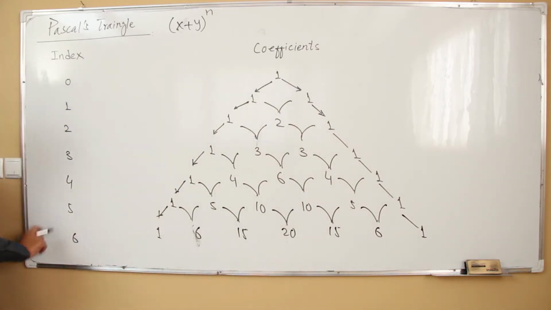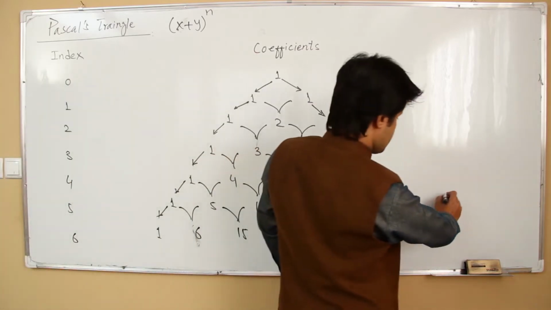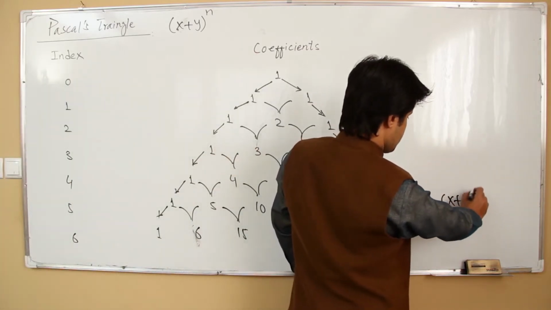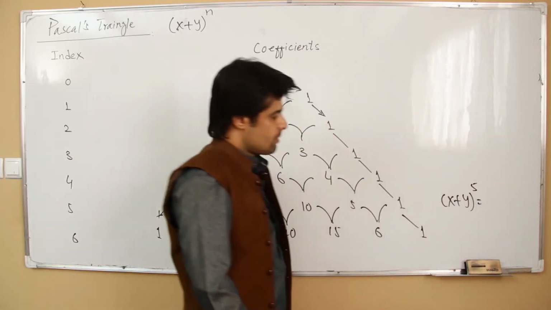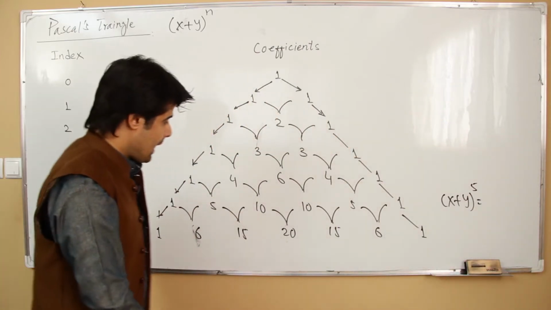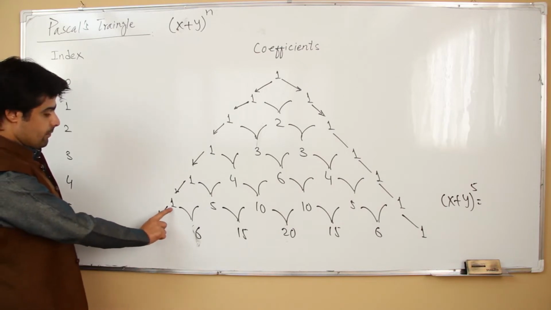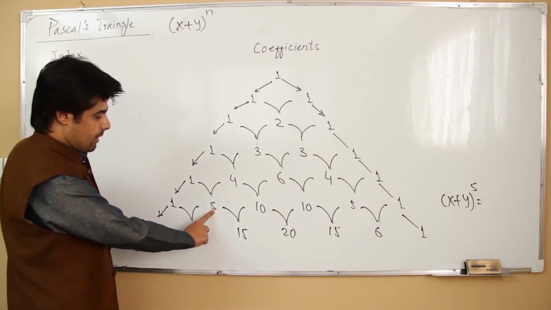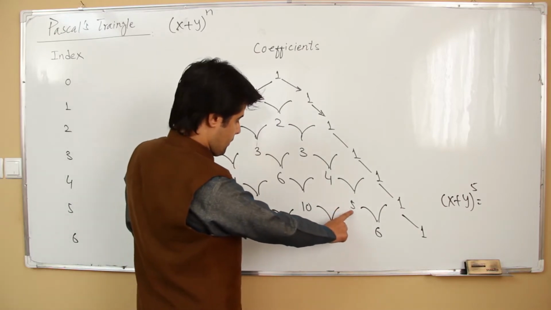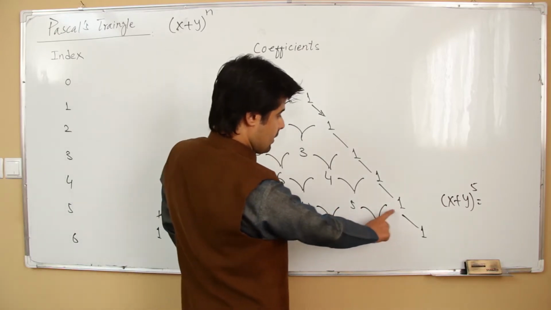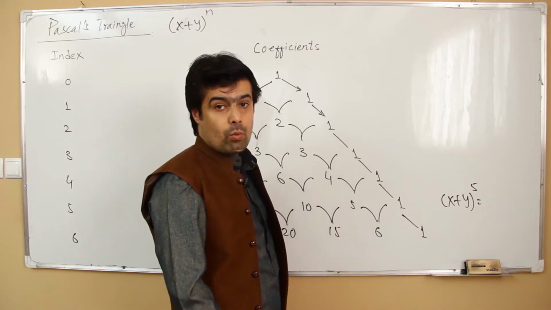If you have x plus y raised to the power 5, for expansion of this binomial, you will have the coefficients. The first one is 1, the second one is 5, the third one is 10, the fourth is 10, the fifth one is 5, and the last term is 1.